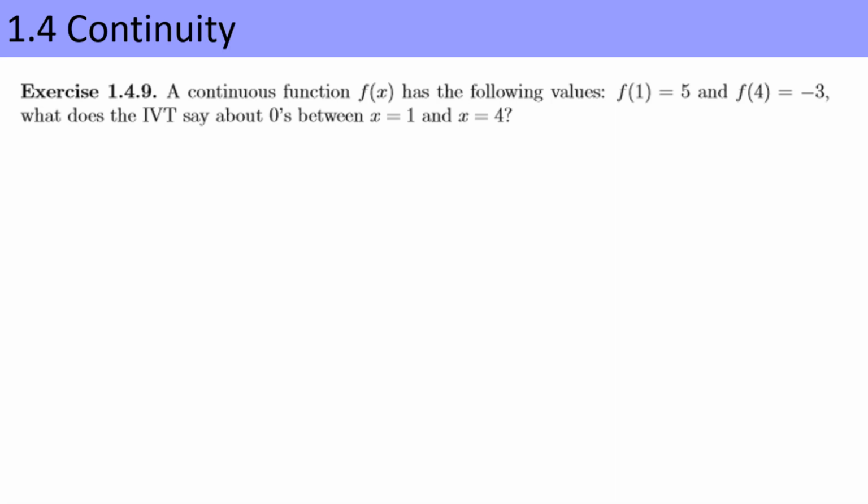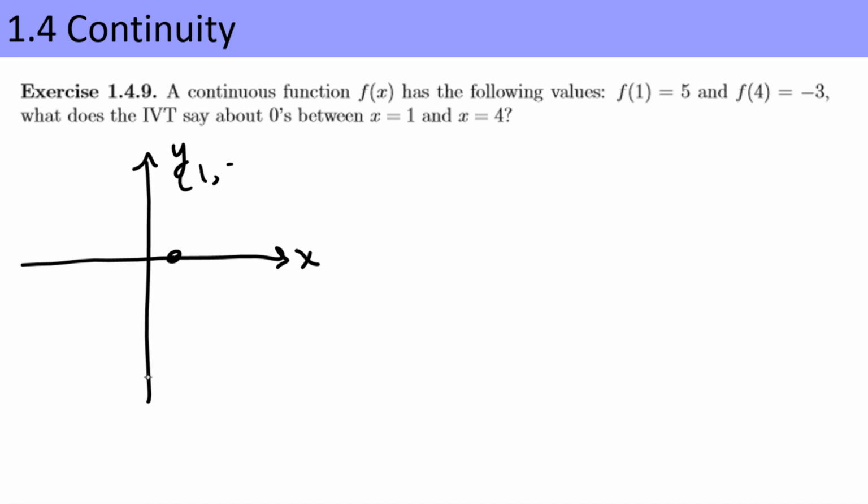Let's begin this by looking at a possible sketch of this f function. I'll draw a grid. It's the xy plane. What I am given is that at x equals 1, the function value is 5, so we have an ordered pair in the first quadrant.